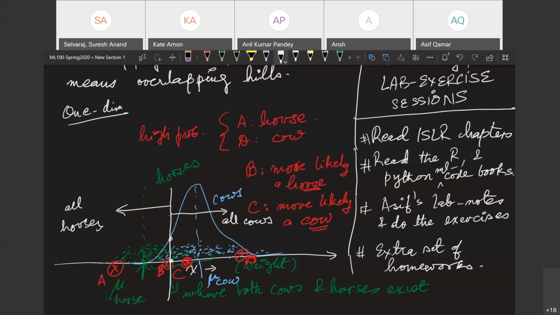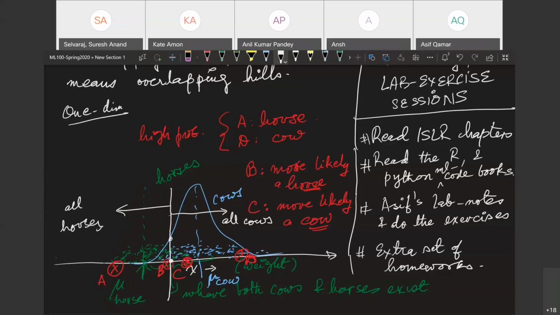So once again, you have divided this line, the feature space, which is just a line in this place, into two regions: to the left of this white line and to the right of the white line. To the left are all horses, to the right are all cows.